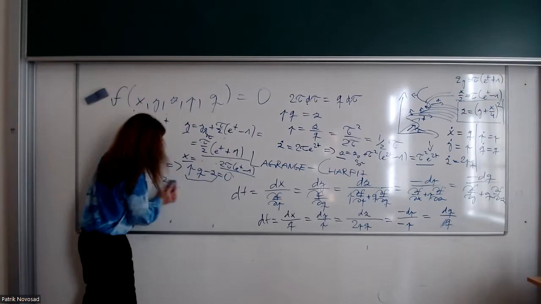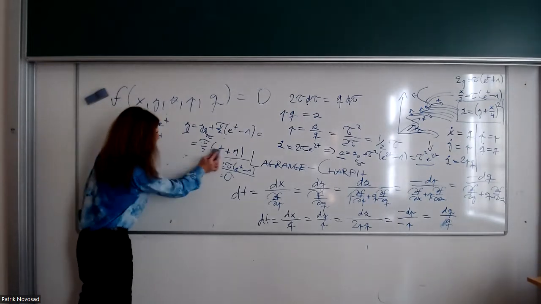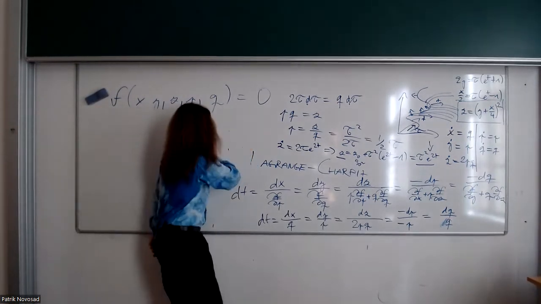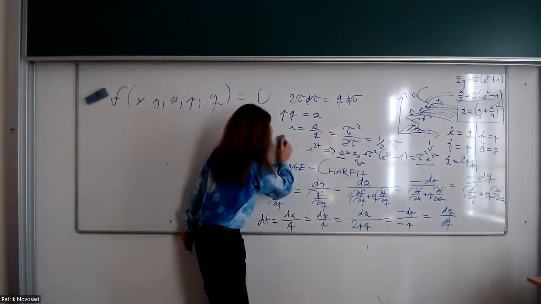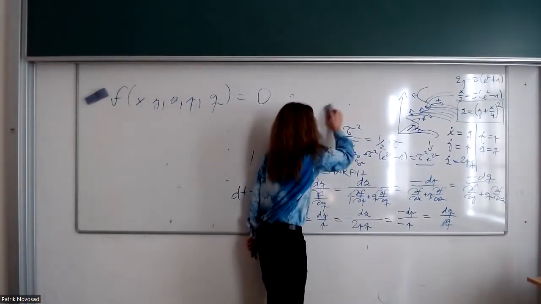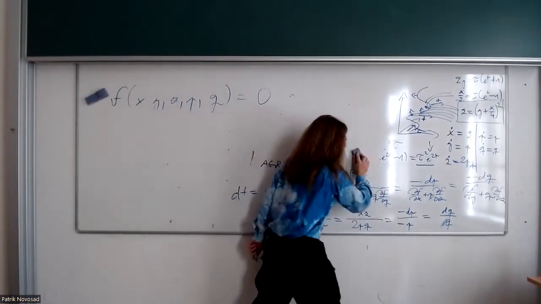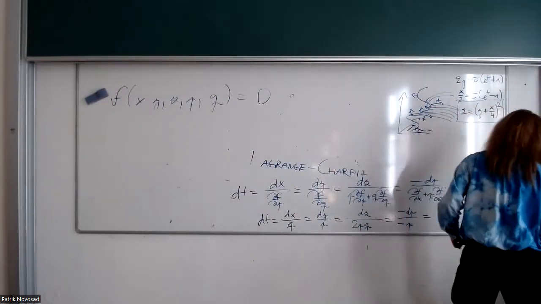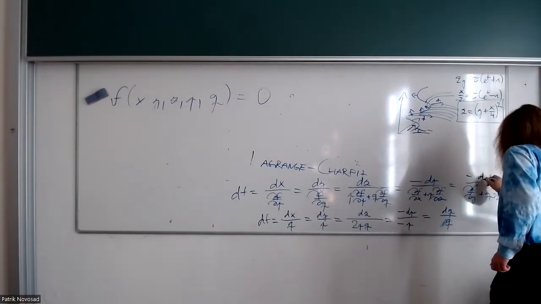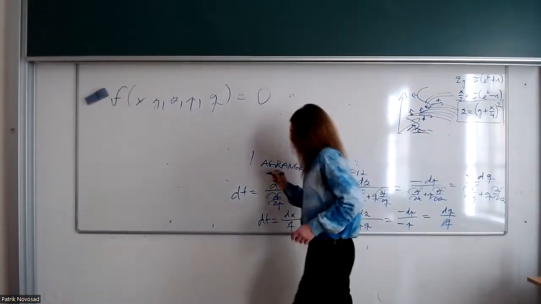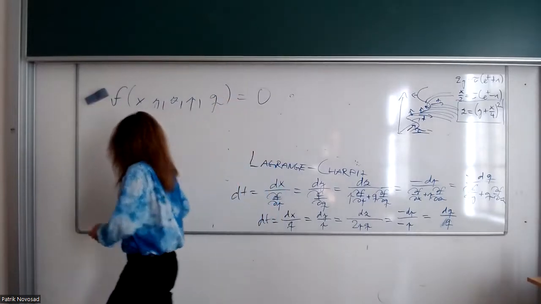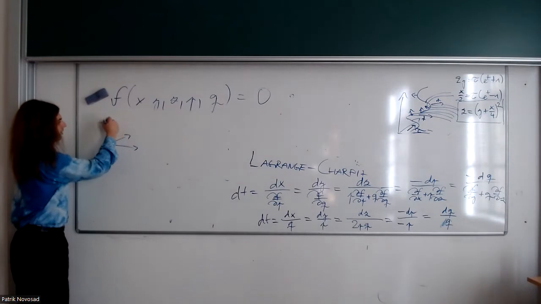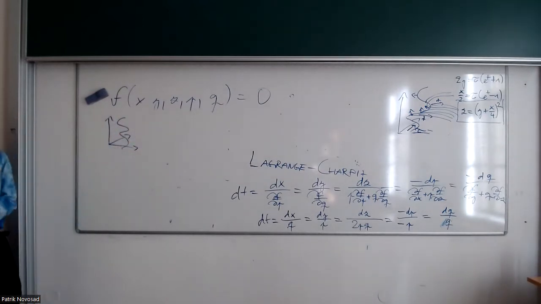Now let's return to our geometric image for a little bit and let's do some more imagining. Let's still say that I have an initial condition as a curve in the 3D space.